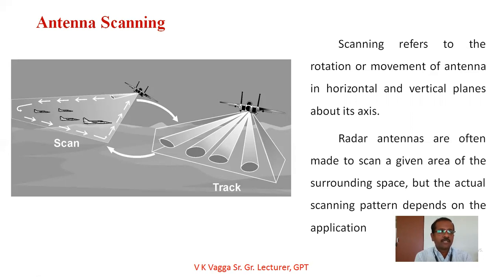Any doubt? So antenna scanning means it is going to search for the target in the allotted space, and if the target is available, it is hit with the transmitted signal, and it is going to send that signal back to the receiver section, which is available at the transmitter itself. This itself is called scanning here.